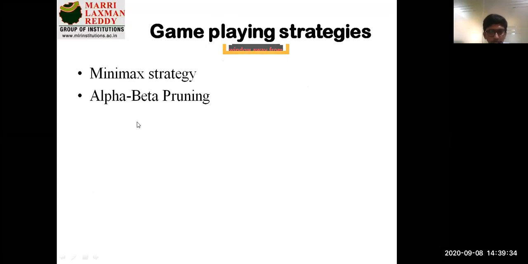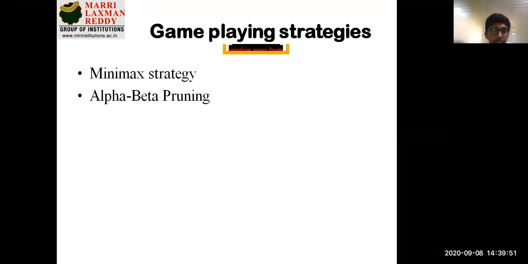So, what are the important strategies with respect to game playing? As already said, game playing has two major components, and with respect to that, we have two different algorithms which we need to discuss as part of game playing in our syllabus. There can be a number of strategies, but these two algorithms need to be understood by everybody if you want to understand game playing strategies and how game playing can be implemented.